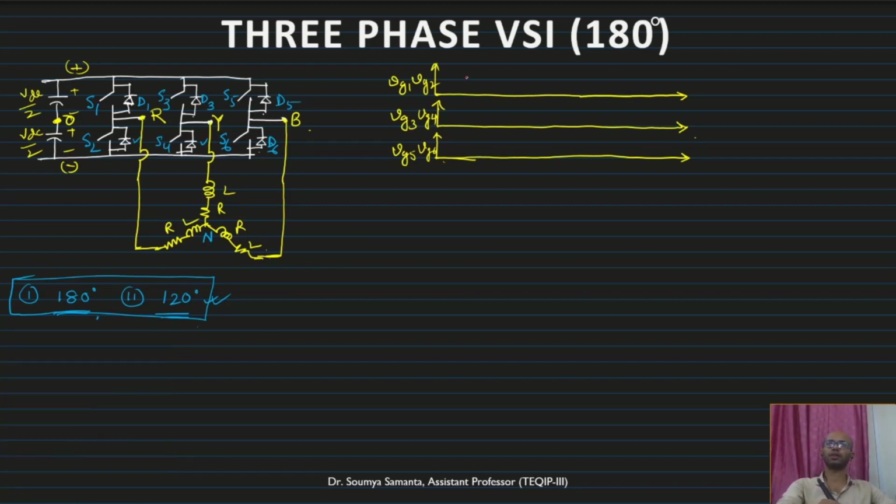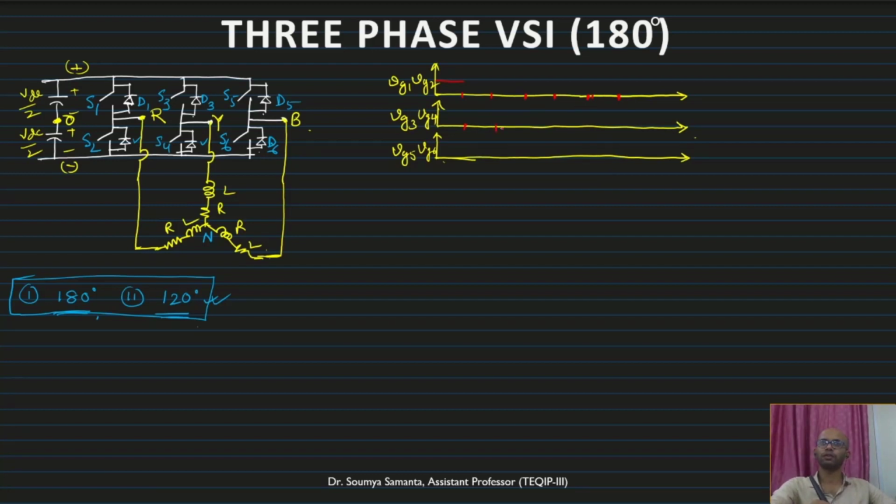So first with the red phase we will start the top one. Before that, this is for 60 degree, 120 degree, 180 degree, 240 degree, 300 degree and 360 degree. That is the 2 pi, one cycle completion. So we will draw up to 360 degree. Then we can extend the same thing continuously.